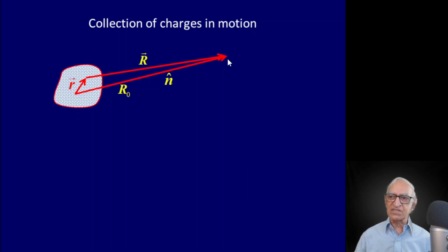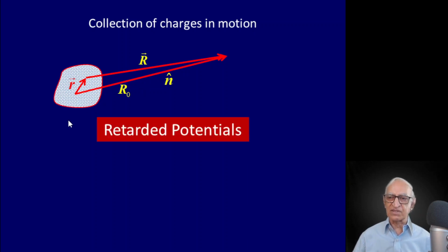And let us say we are interested at that point over there, which is at a distance r subscript 0 from the center of the charges, and a particular charge is at a distance small r from the center, and the distance between the charge at that time and the point of interest is capital R. So here you have a little triangle, and let us now consider the retarded potential due to this collection of charges which are in motion.